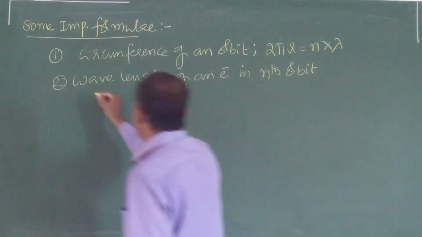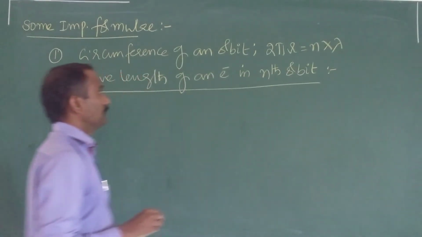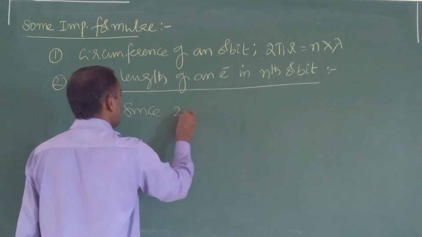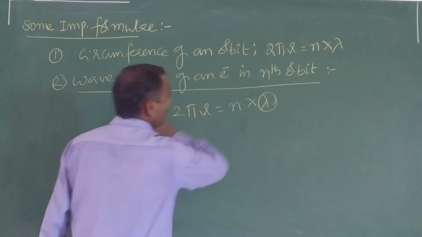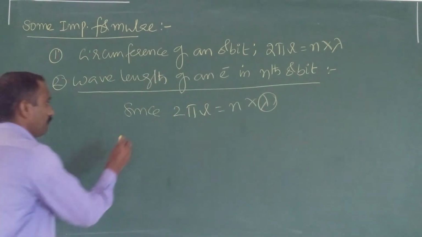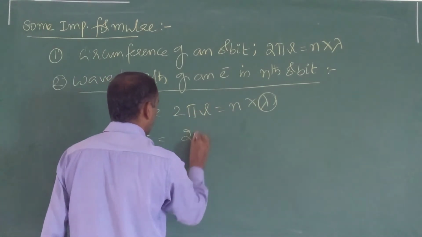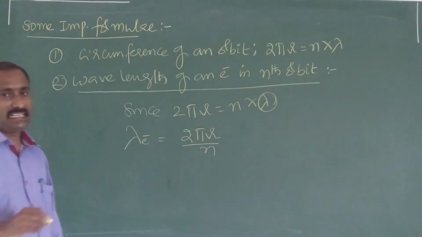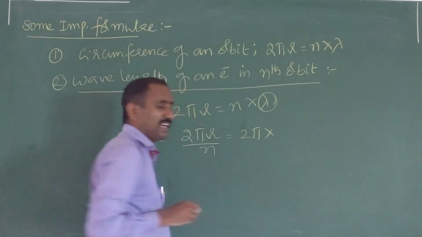Since we know that circumference 2 pi r equal to n lambda, but they are asking the wavelength of the electron, therefore wavelength of electron equal to, by cross multiplication, 2 pi r by n. Now, 2 pi into the radius of the electron in nth orbit.